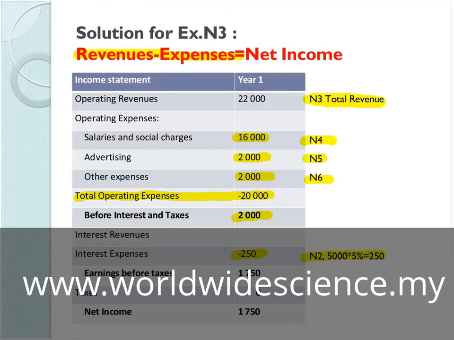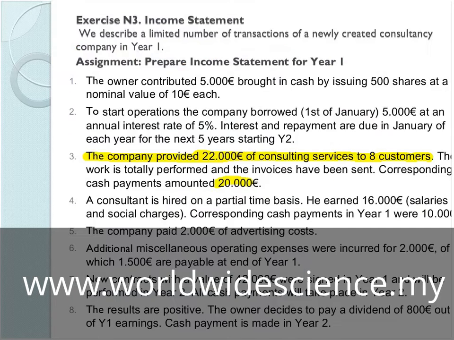You remember we borrowed the 5,000 at 5%. Let's go back to number 2. So to start the operations, the company borrowed 5,000 at an interest rate of 5%, right? And the interest and repayment are due in January of each year for the next 5 years, starting year 2.